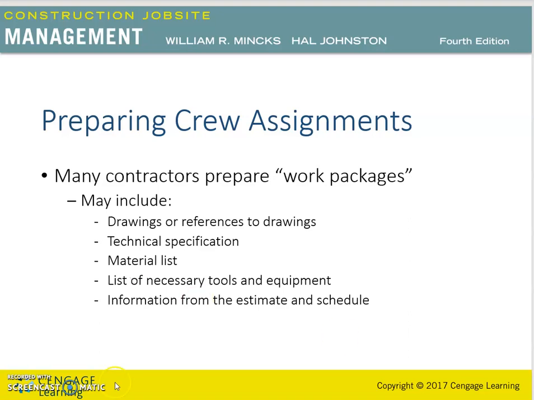Then the list of necessary tools and equipment, usually determined by the superintendent for the assigned work. And the information from the estimate and the schedule that relates to the situation, such as man hours, available work, work time frame, and other cost related issues.